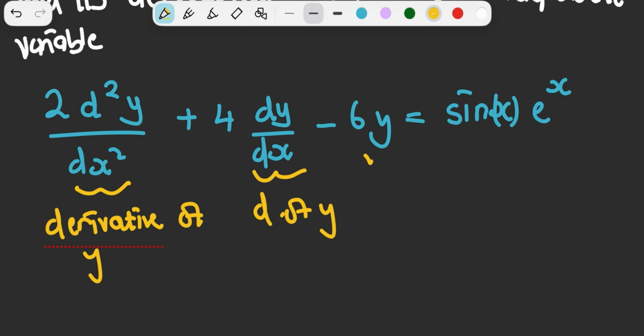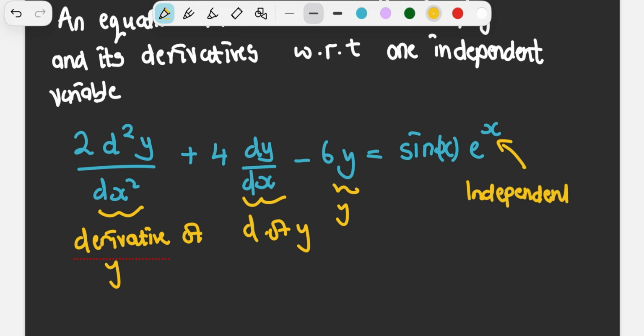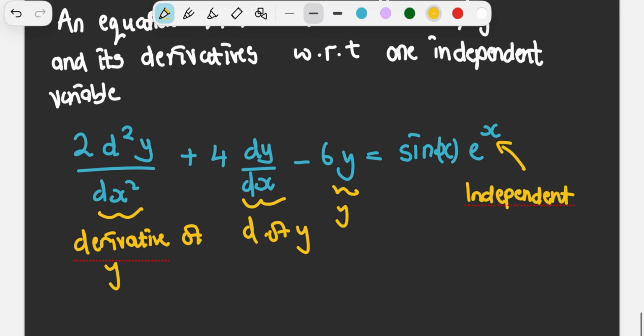This is y itself, and this is an independent variable. So you see that x is basically the independent variable. This is what we call an ordinary differential equation, an equation that links the derivatives of y to the values of y itself as well as the independent variable.